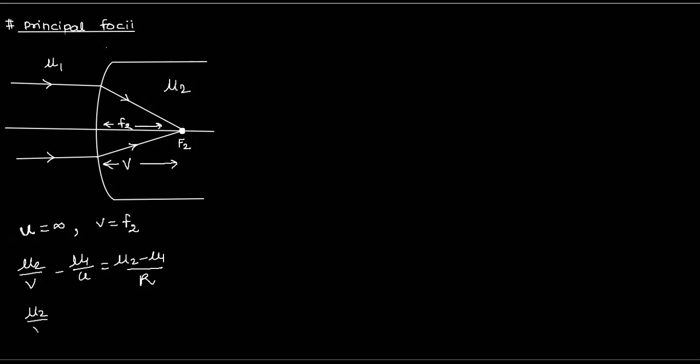So this term will become 0, and therefore you are getting mu2 by v is equal to (mu2 minus mu1) divided by R.